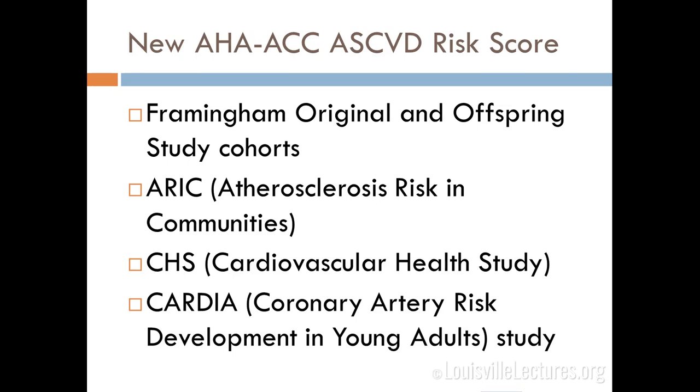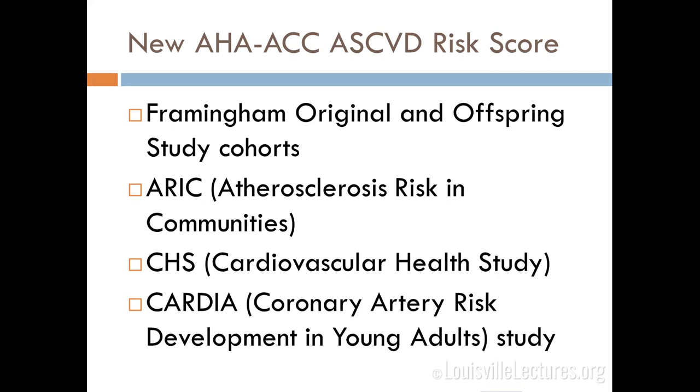So what is this? These are the people that these risk scores are based on. In the new risk score, they did something that I thought was very productive, which is they increased their power to predict by combining multiple cohorts that were followed for cardiovascular risk. So how is this done? The Framingham risk score, ARIC, CHS, and CARDIA all enrolled patients in an observational study.